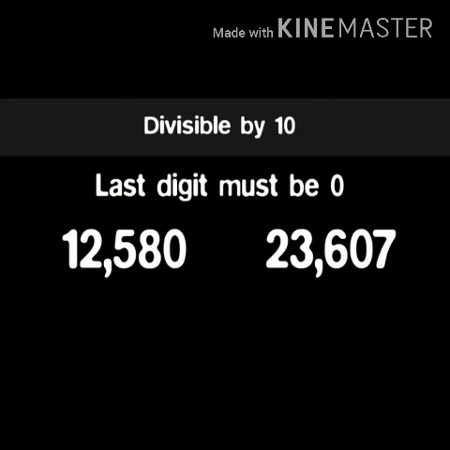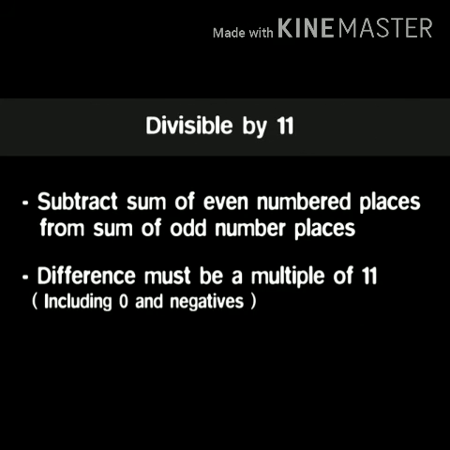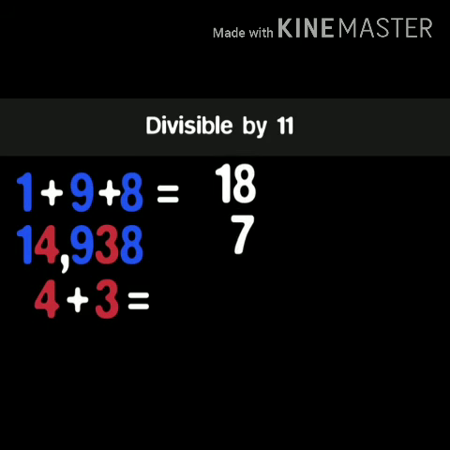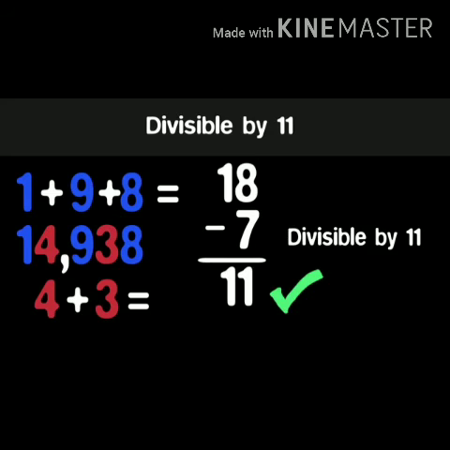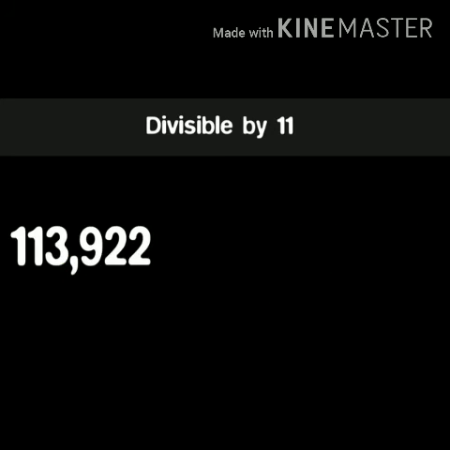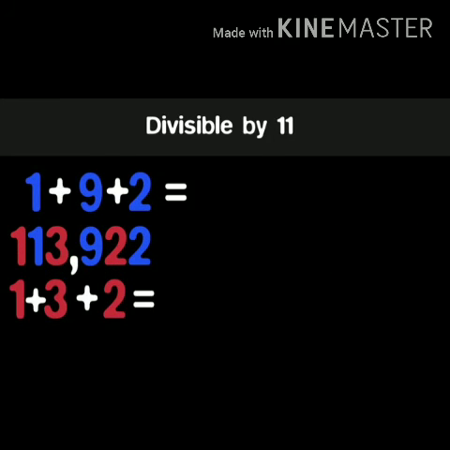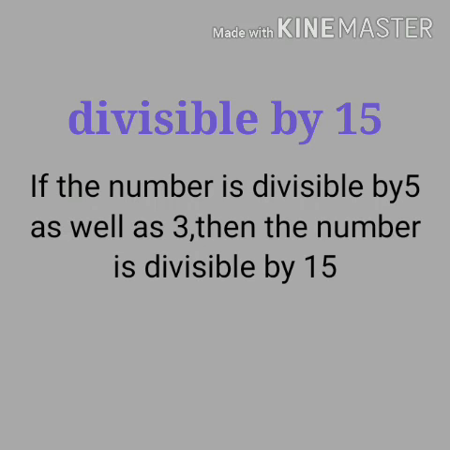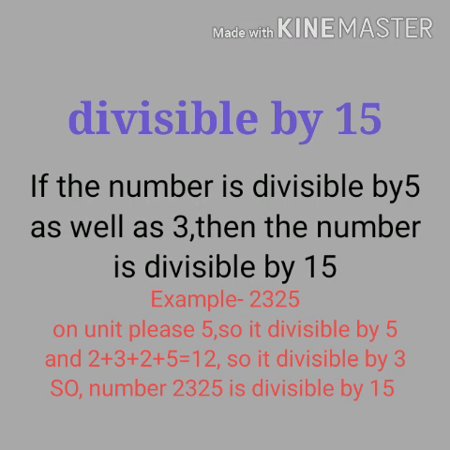If there is 0 in the unit place, then that number will be divisible by 10. If the sum of odd place digits and the sum of even place digits have a difference that is 0 or divisible by 11, then that number is divisible by 11. If the number is divisible by 3 as well as 5, then that number is divisible by 15 also.